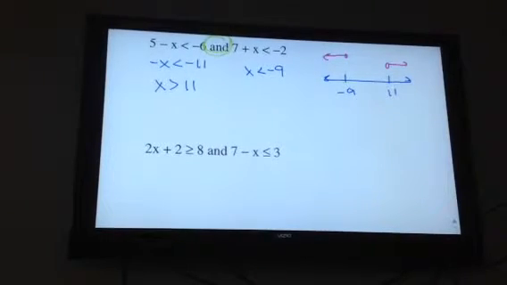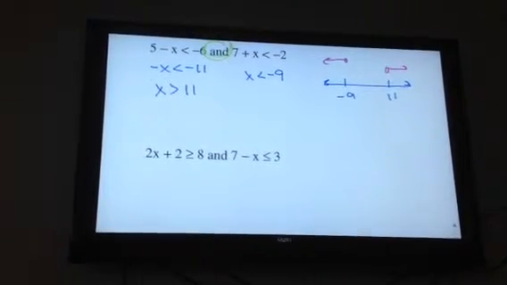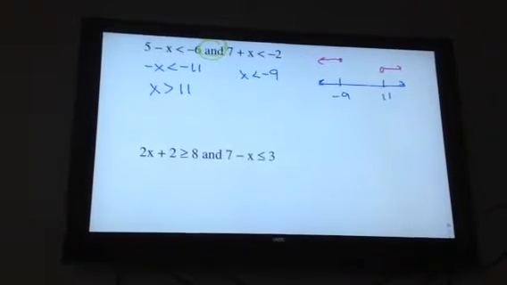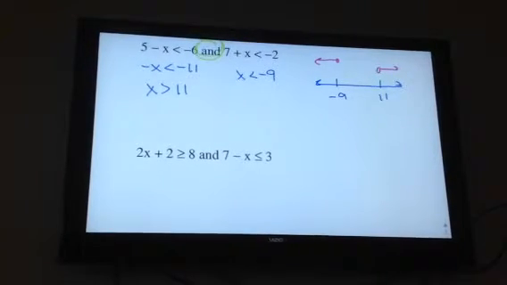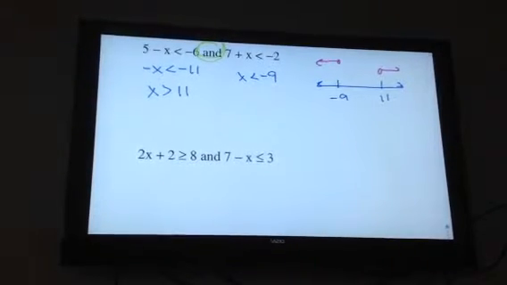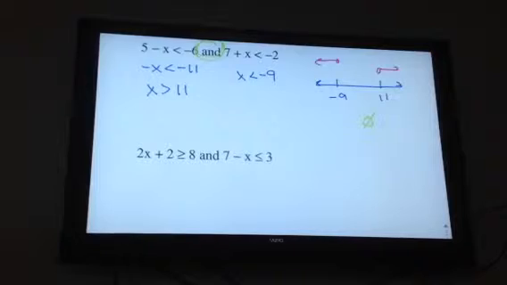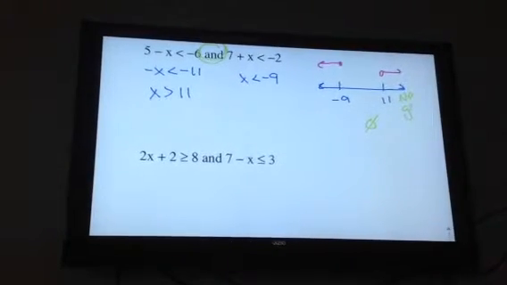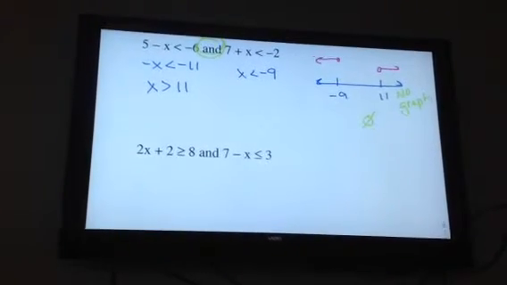An "and" is what's common, what's the same, where do the graphs overlap each other, and that's not going to happen. They have absolutely no values in common. So you have no final graph, and your answer is no solution. So no graph. If you have your helper graphs there, that's okay. There's nothing on your number line.